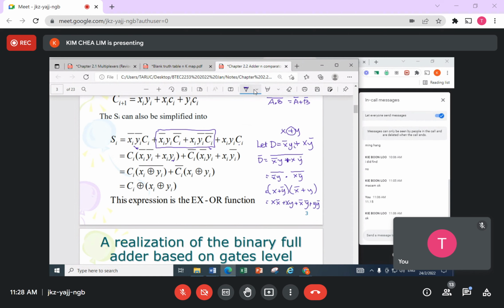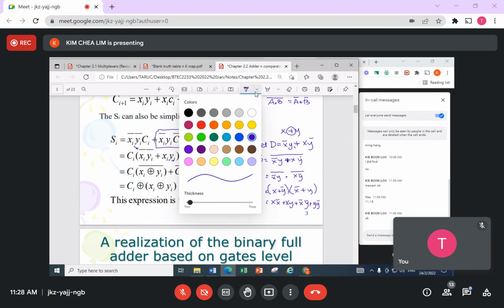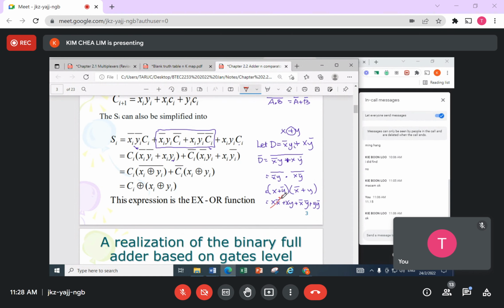We know that anything that is ANDed with its bar, like x bar, is going to give me 0. This is going to give me 0. So this part here is the same as my xy plus x bar y bar. Look at it, exactly the same as this one. So this is the D bar.